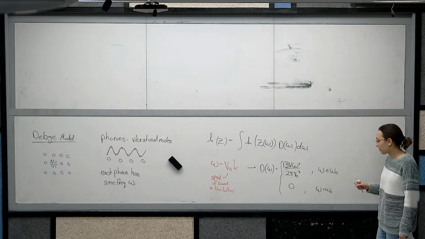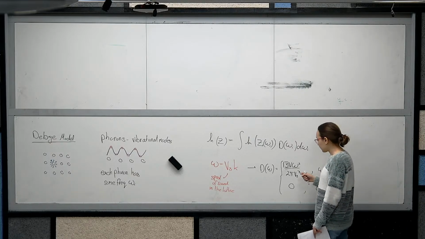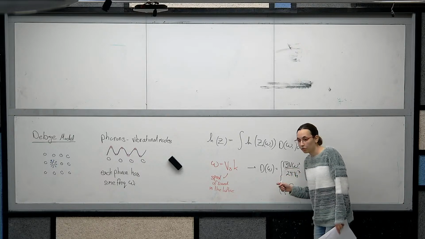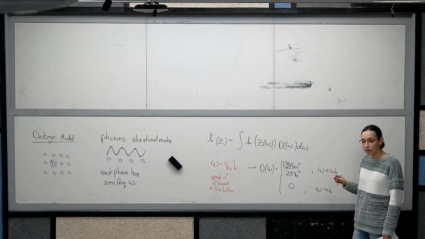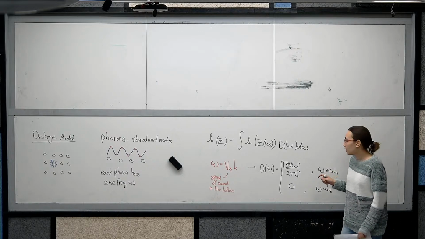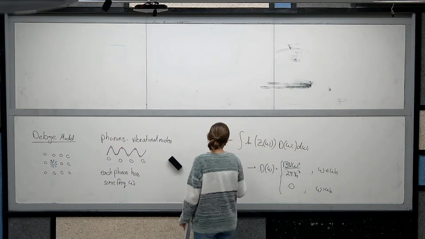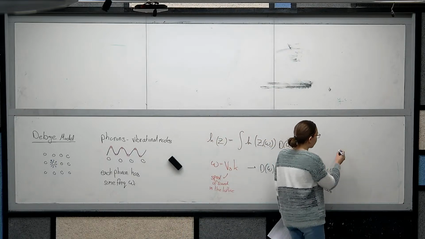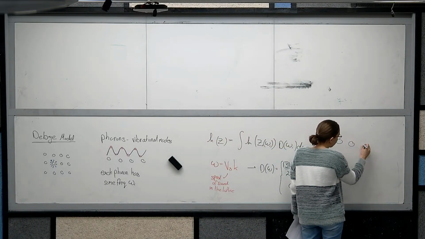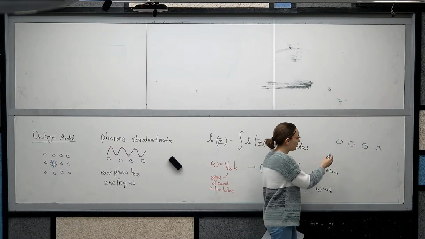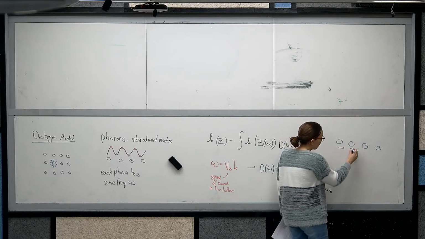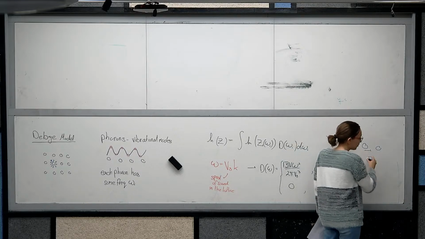So we have 1 possible longitudinal wave. We have 2 kinds of waves, right? Sound waves that are longitudinal, where the atoms move in the same direction as the wave.